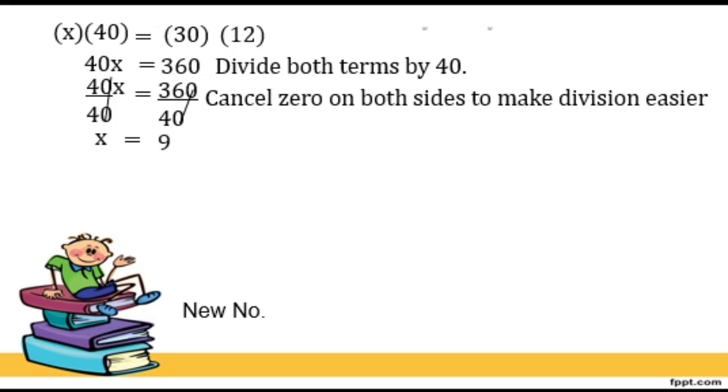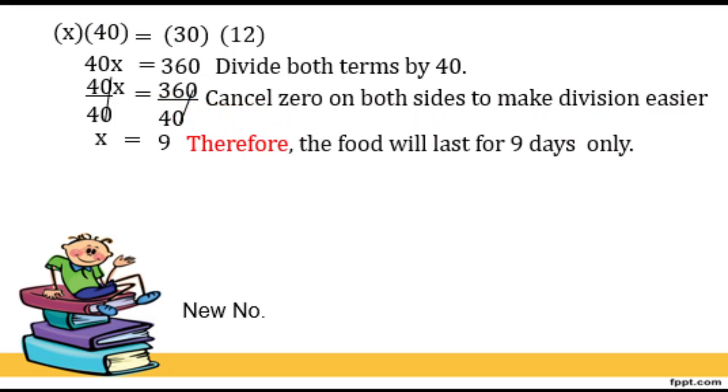So therefore, the food will last for 9 days. It's because for 30 orphans, the food will last for 12 days. Now, if you add 10 more, the food will last only for 9 days.